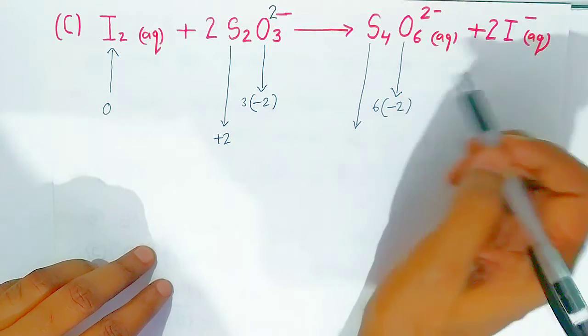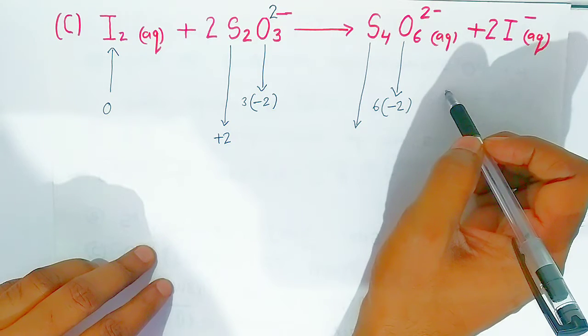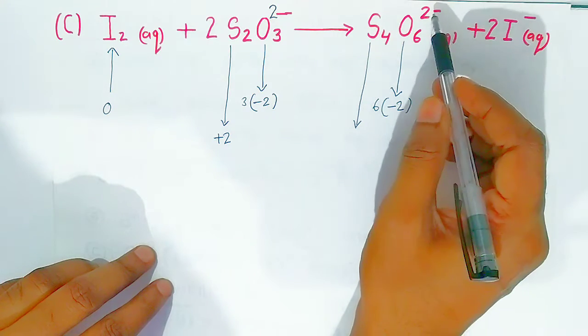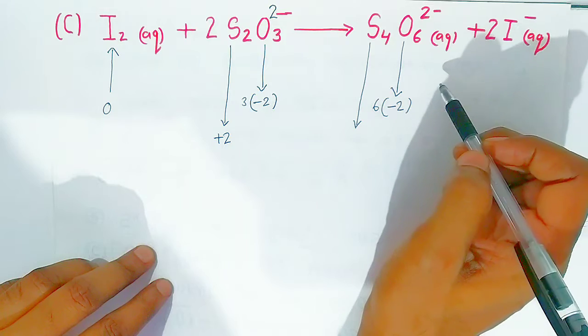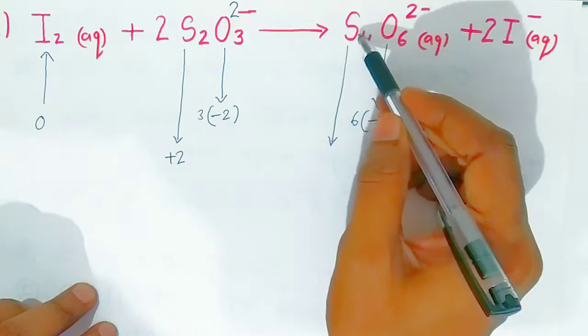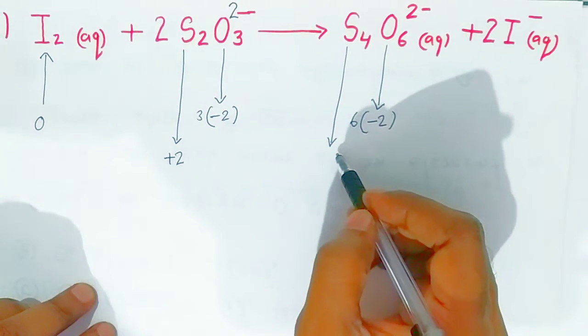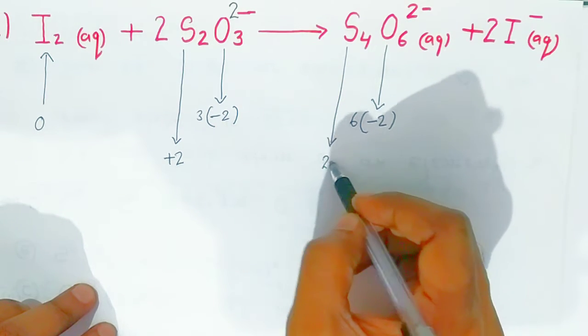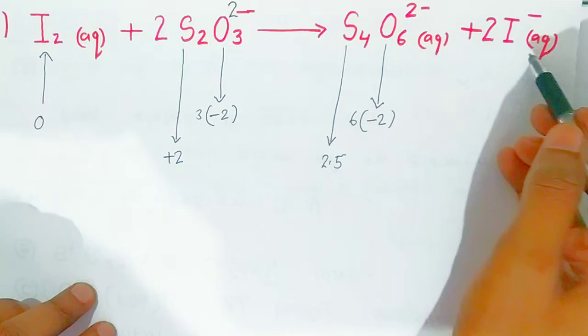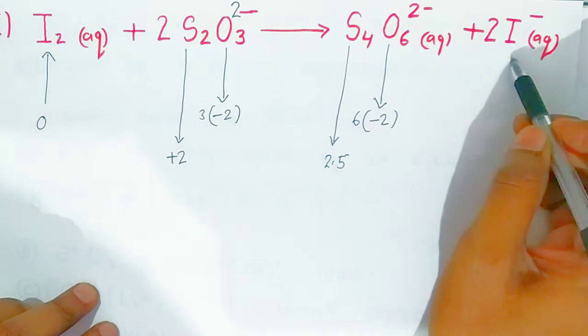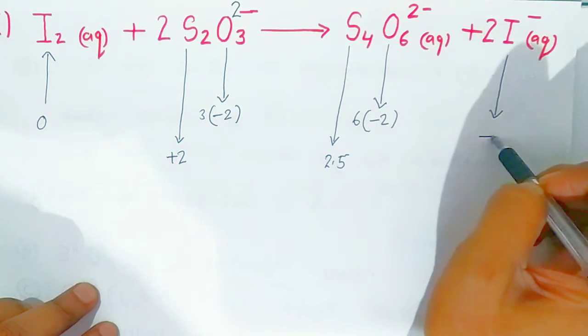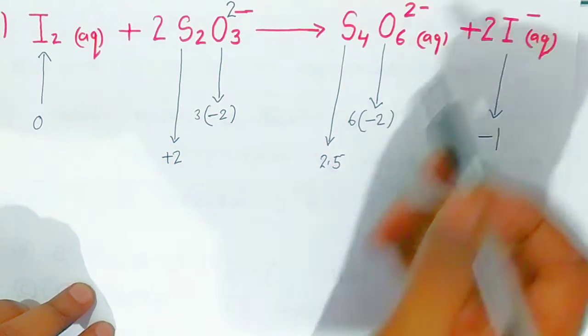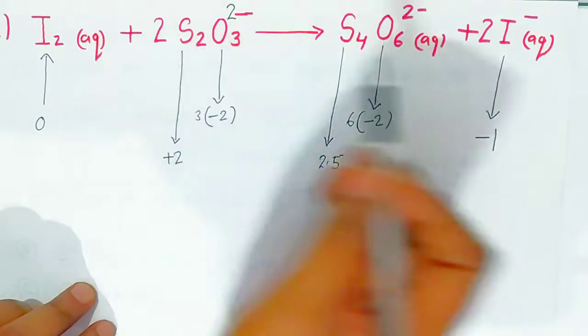When it goes to that side, it becomes +12. Because it is already -2, you are getting 10 divided by 4, because it is S4, so the oxidation number will be 5/2, that is 2.5. Okay students, you are getting 2.5. Now here, in iodide, because it contains a -1 charge only, the oxidation number will be -1. Here the coefficients are not playing a very big role.